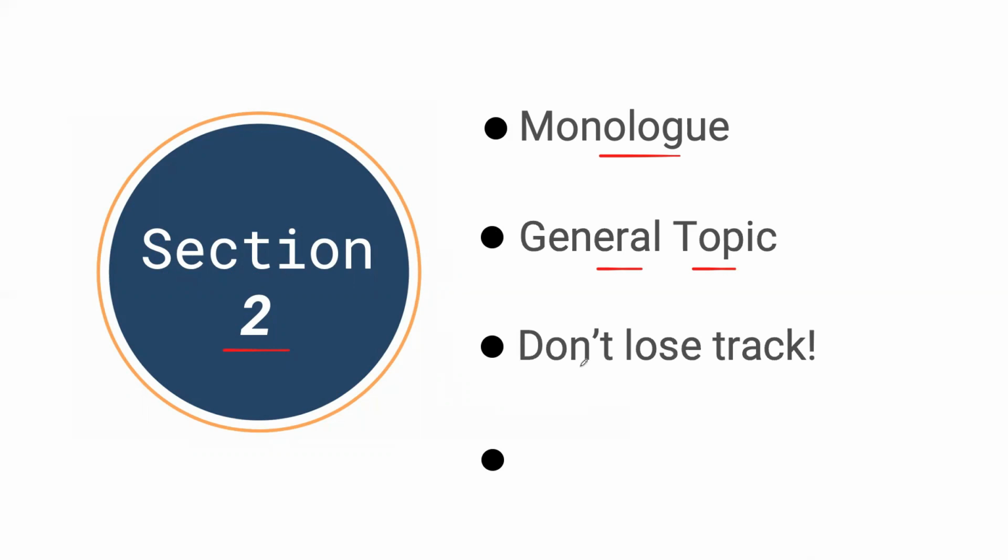Of course, there's always some sort of pitfall or drawback to each section. We're going to tell you, try not to lose track, because if you lose track, you might lose the path of where the speaker is taking you along the visual aid. If this happens, though, not to worry.